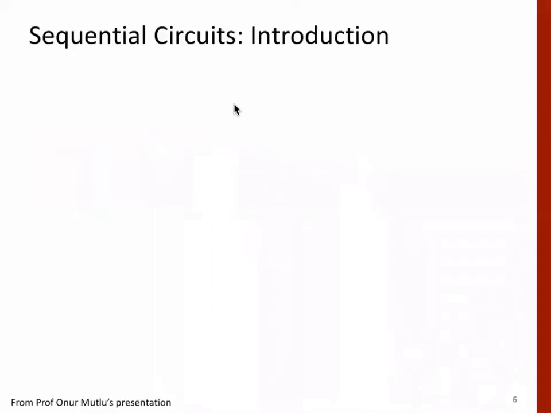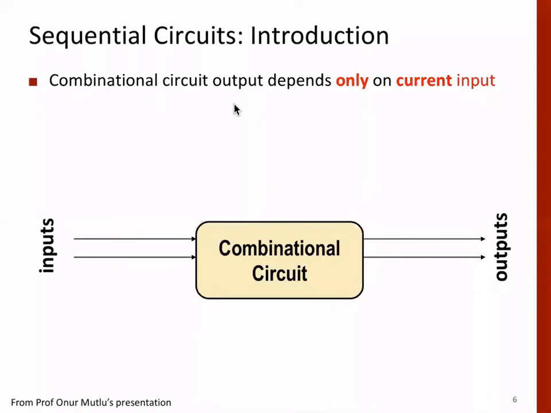Now we are moving to circuits that can store information, essentially registers. Registers are nothing but a kind of sequential logic circuit. So first let's look at what a combinational logic circuit is. As we discussed earlier, the output depends only on the inputs at that point in time.